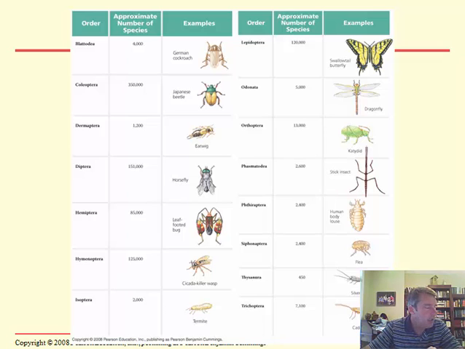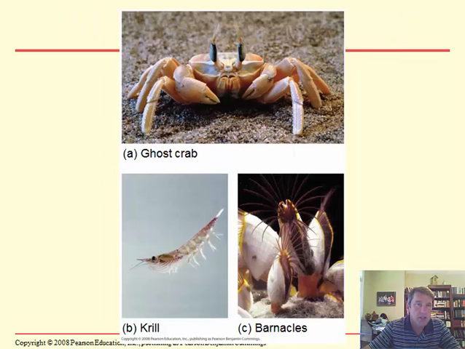Another thing we see, I didn't mention the crustaceans. Crustaceans are another class of arthropods. These include the crabs, lobsters, crayfish, and shrimps, which all fall into the crustaceans.